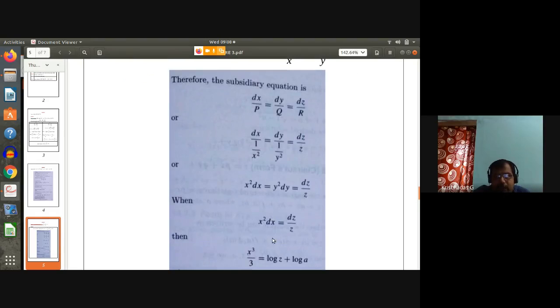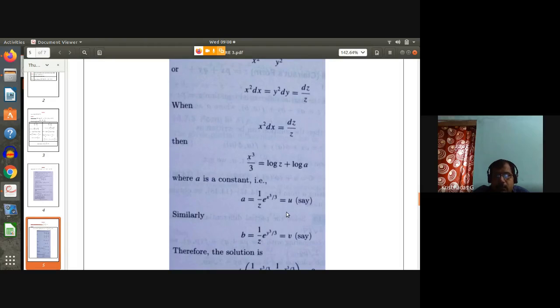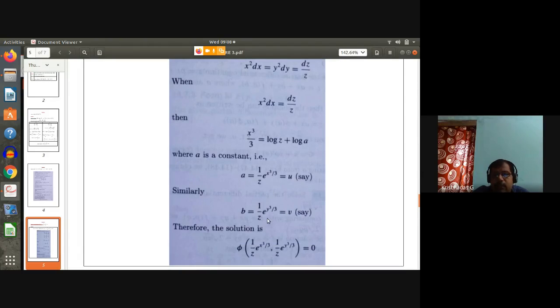By the same procedure, because instead of x square we have y square, we take y square dy equal to dz by z. We will get a solution similar to this, that is e raised to y cube by 3 by z. So we will get two solutions, u and v. One is e raised to x cube by 3 by z and another one is e raised to y cube by 3 by z.